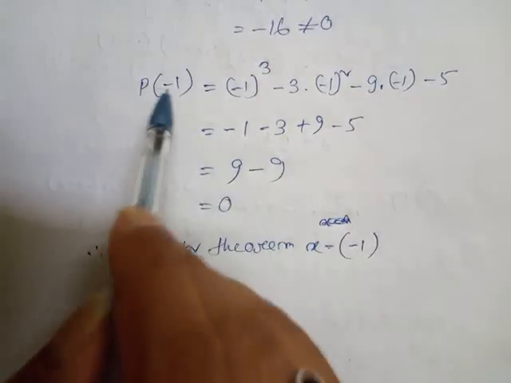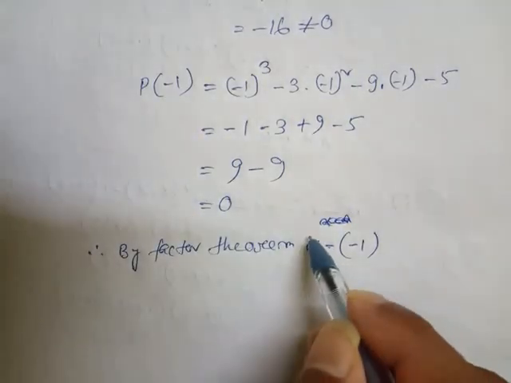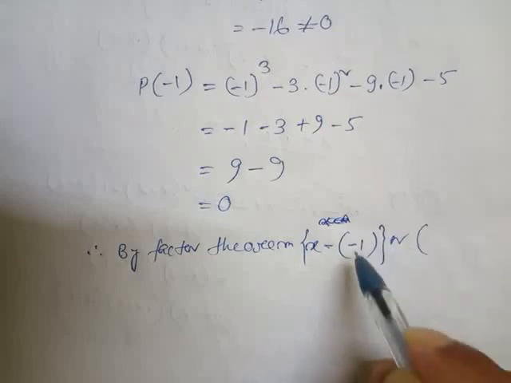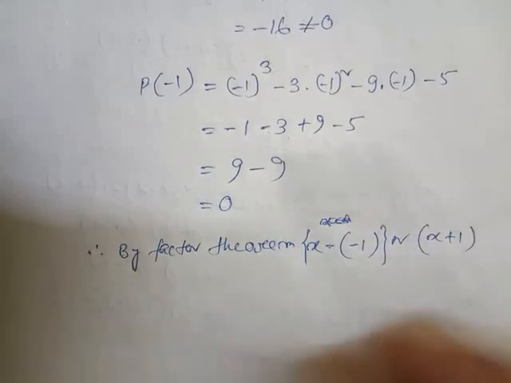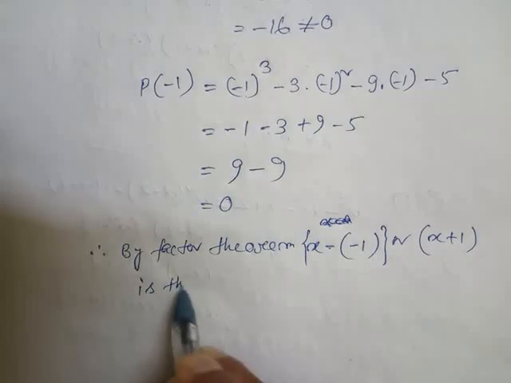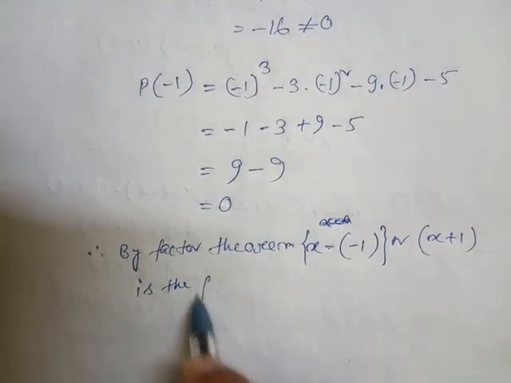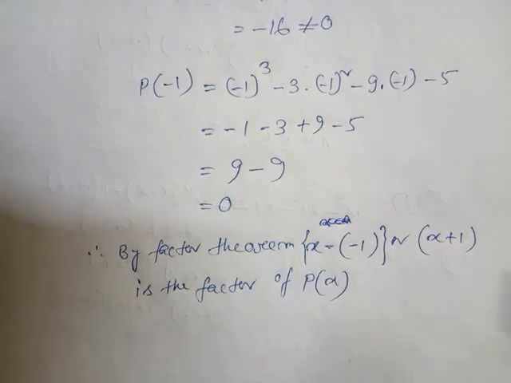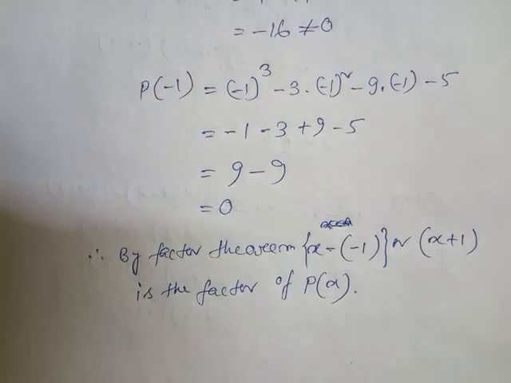So in place of a, minus 1, I am writing here. There is minus 1, which means there is plus 1. So x plus 1 is the factor of p(x).